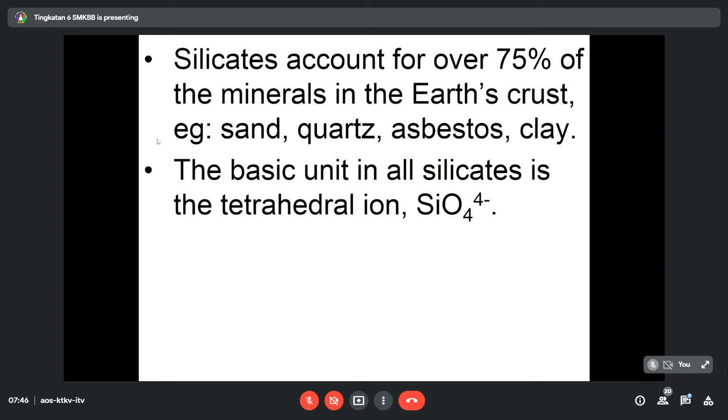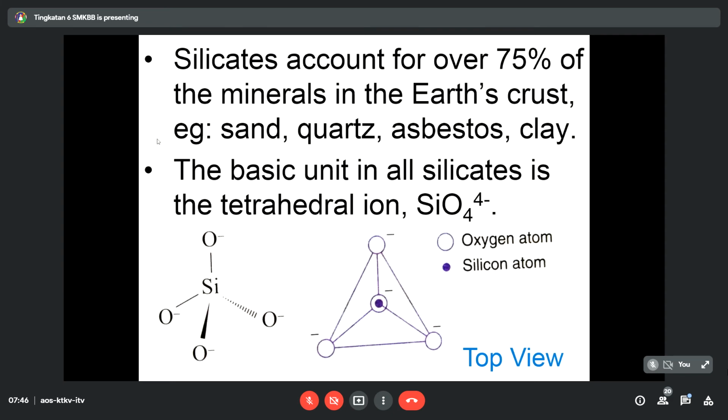So the basic unit in all silicates will be SiO4 in a tetrahedral shape, SiO4 with a charge of 4 negative. Of course, when you look from the top view, the Si is covered under the O. So it's very common when we are talking about silicates, we always get this type of drawing.